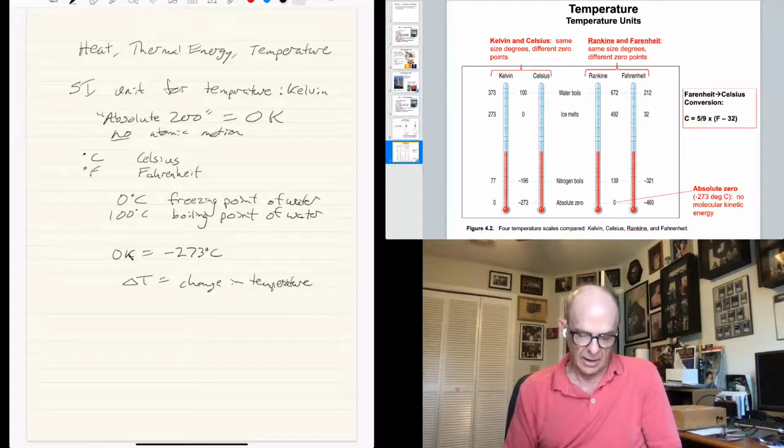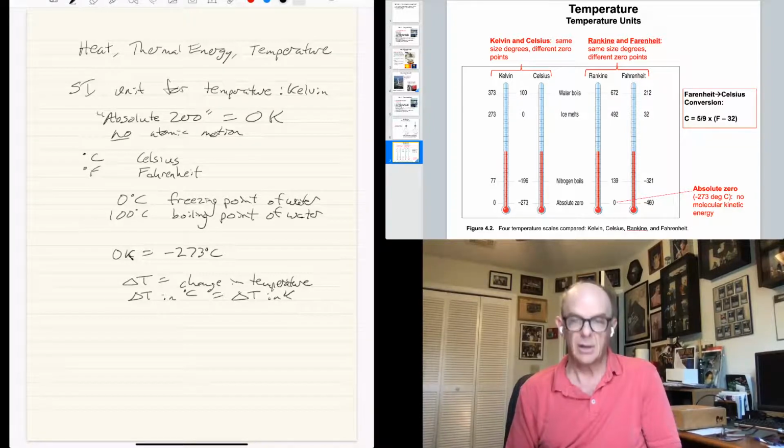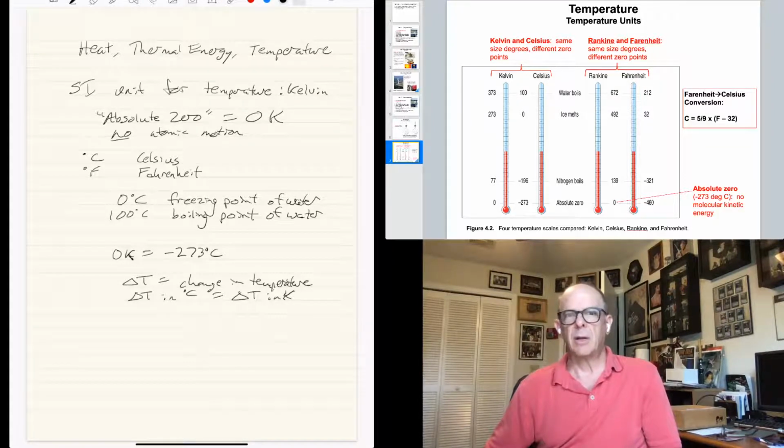And delta T in degrees C is equal to the same delta T in Kelvin. In other words, if I'm going to heat something up by 10 degrees C, by definition, I am also heating it up by 10 kelvins and vice versa.